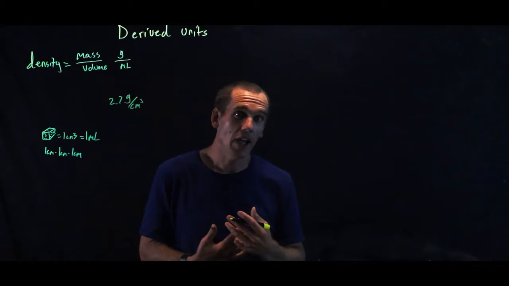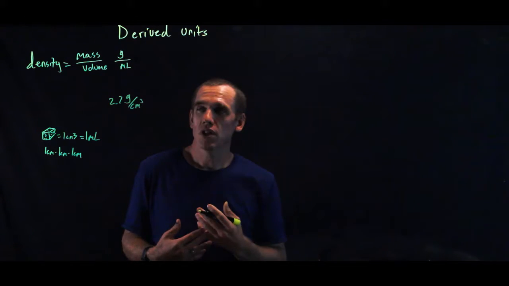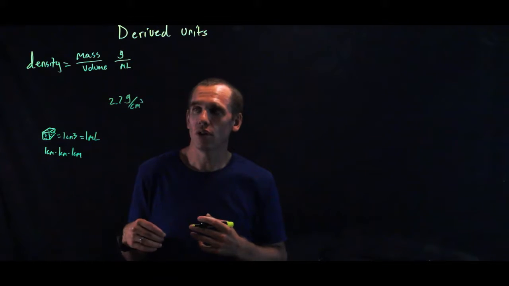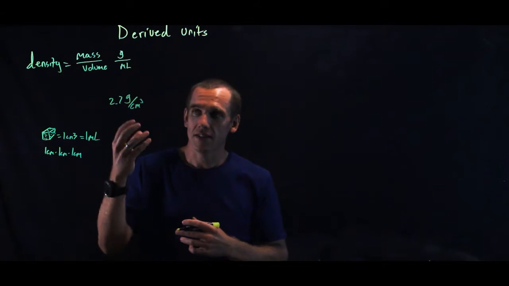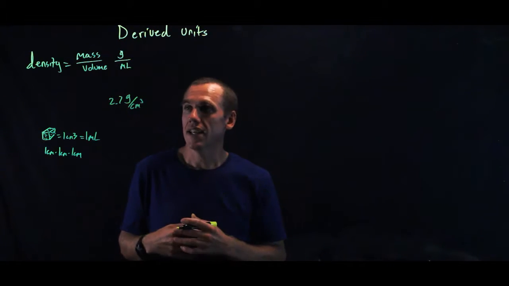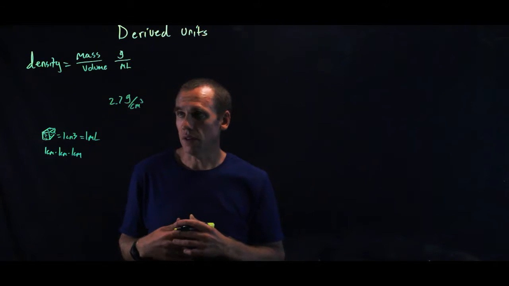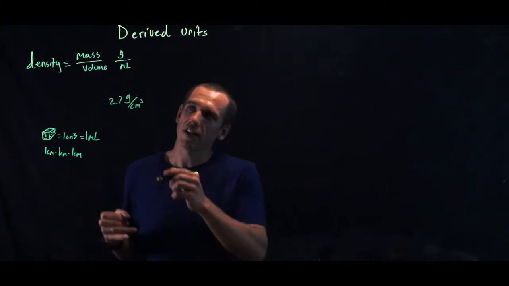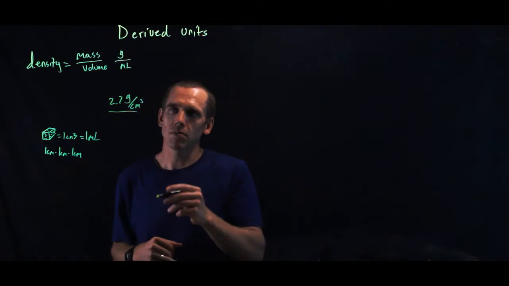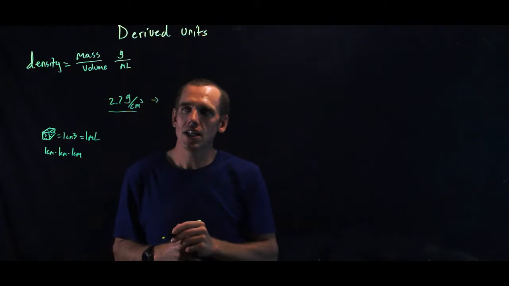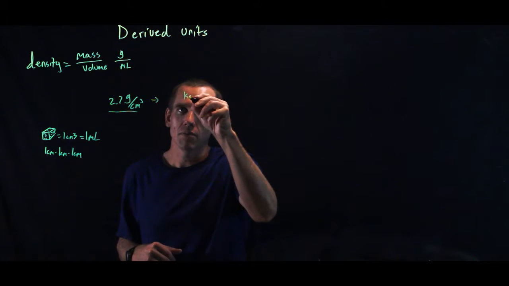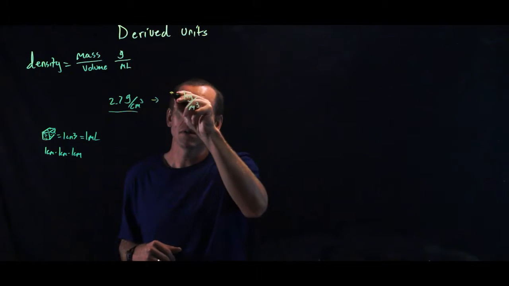And oftentimes I do, because usually we measure mass in kilograms because a gram is small, and we measure distances or volumes with meters because it's the base unit of length. So what I want to do is figure out how I can get 2.7 grams per cubic centimeter to change into kilograms per cubic meter, right?